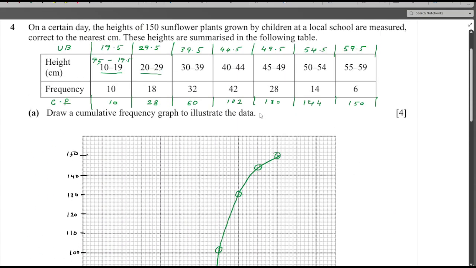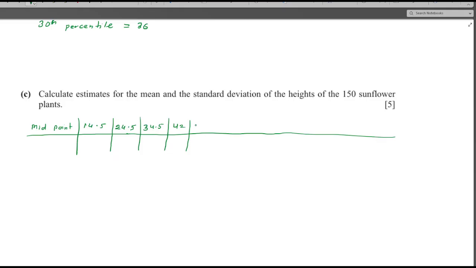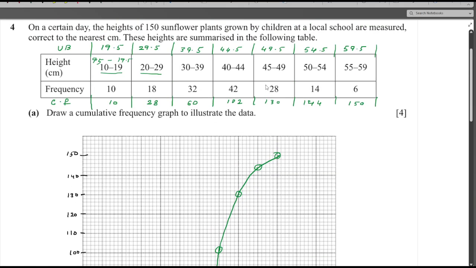The next value is 45 to 49, which gives 47. Then after 47, we have 50 to 54, so that is 52.